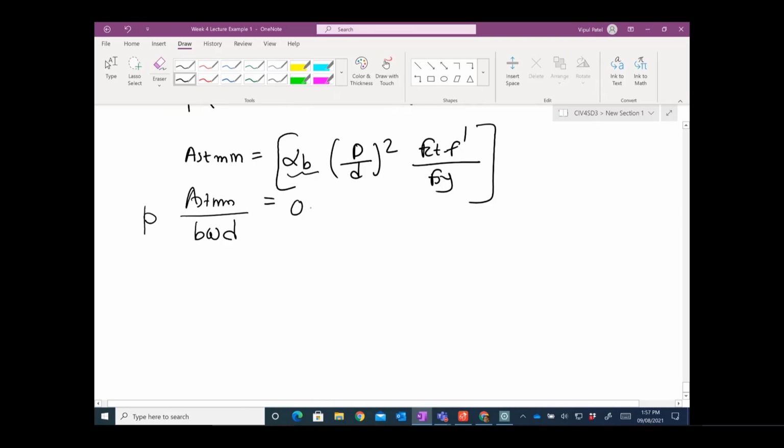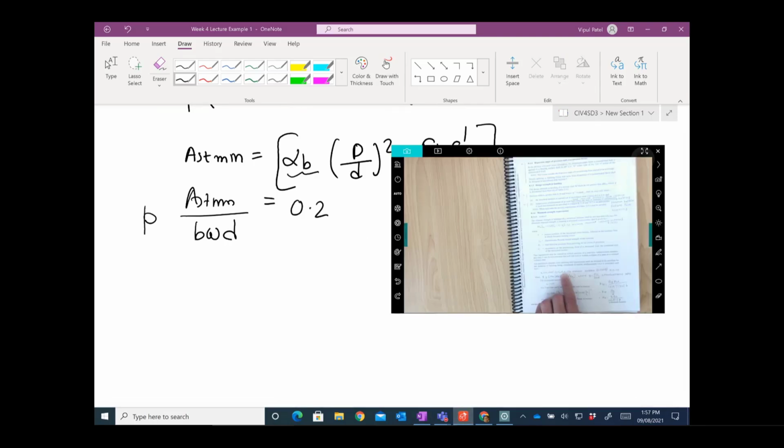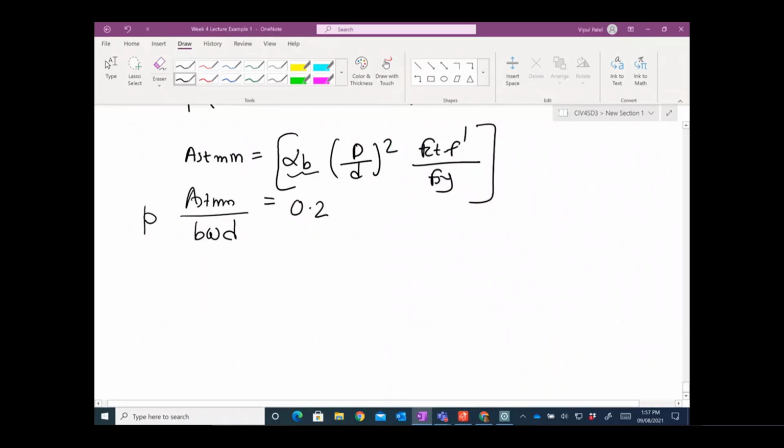Alpha_b is 0.2, given here for rectangular sections. Now the depth is given, 600 over 520, small d. Now this fct.f is 0.6 times the square root of 32.